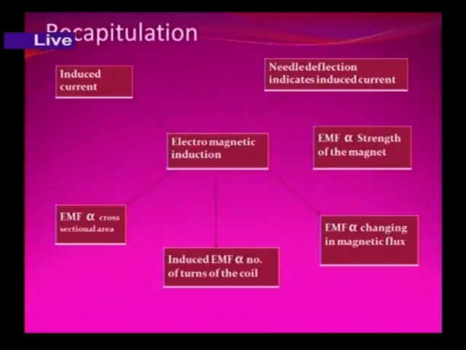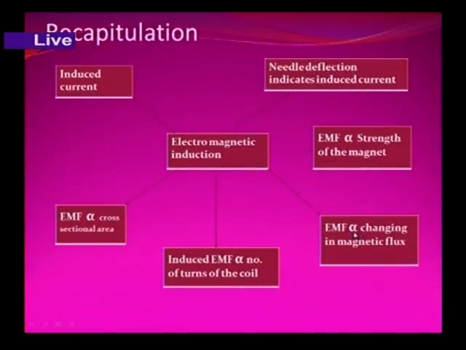We also came to know that the magnitude of induced EMF is directly proportional to the strength of the magnet. If we increase the motion, that is the speed, of the bar magnet, the induced current also increases. That is why we said induced EMF is directly proportional to the strength of the bar magnet.